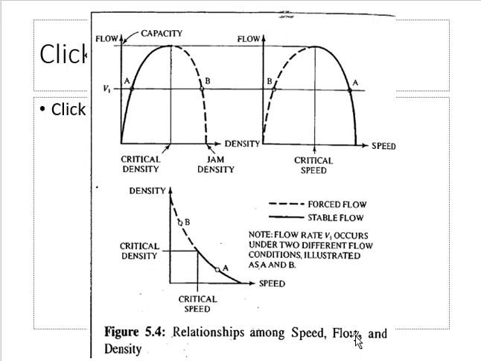Now this is critical density. At this value, what do we have? Capacity. Which means what is maximum? Maximum flow. So when you reach maximum flow, you will have some density. And that density is known as critical density.